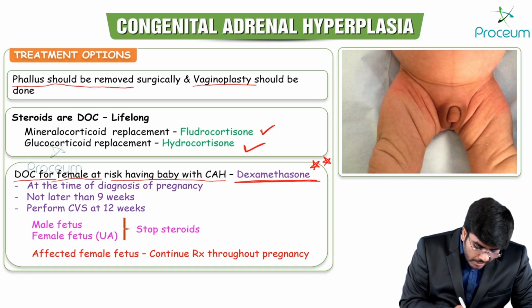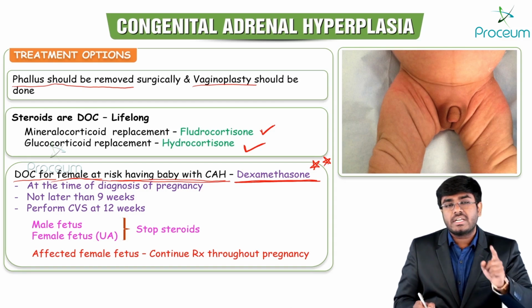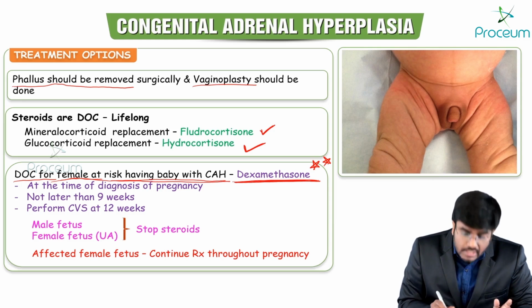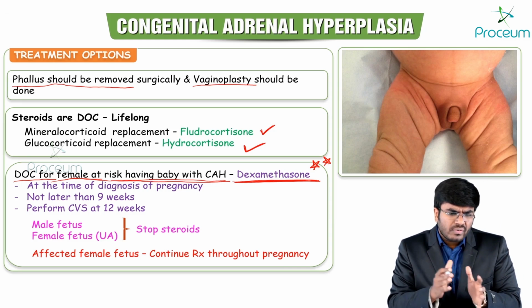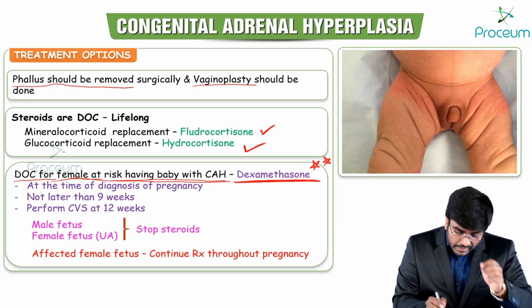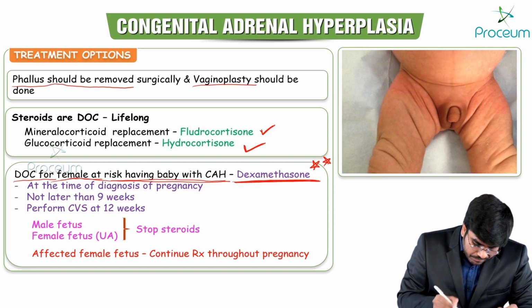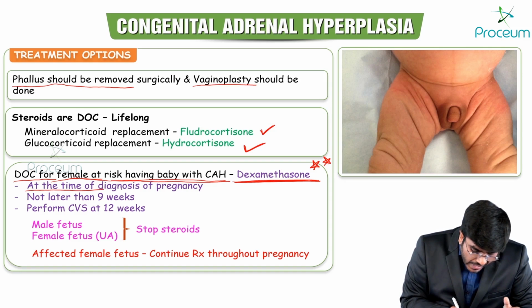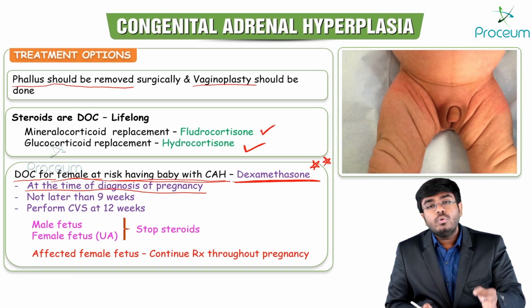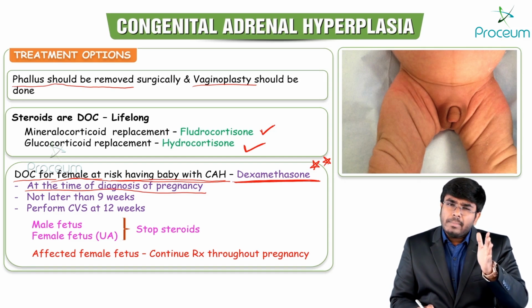Drug of choice for a female who is at risk of having a baby with congenital adrenal hyperplasia is dexamethasone. And when do we have to give this dexamethasone, guys? After 12 weeks, after confirming the sex? No, immediately after putting the diagnosis of pregnancy. Okay, at the time of diagnosis of the pregnancy, you have to give the dexamethasone immediately.